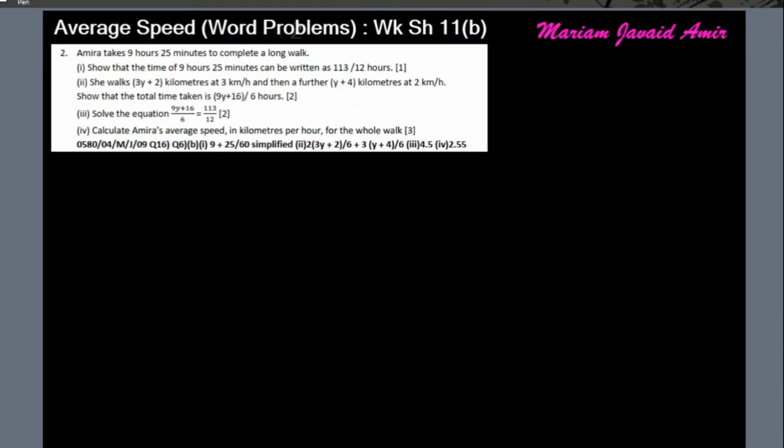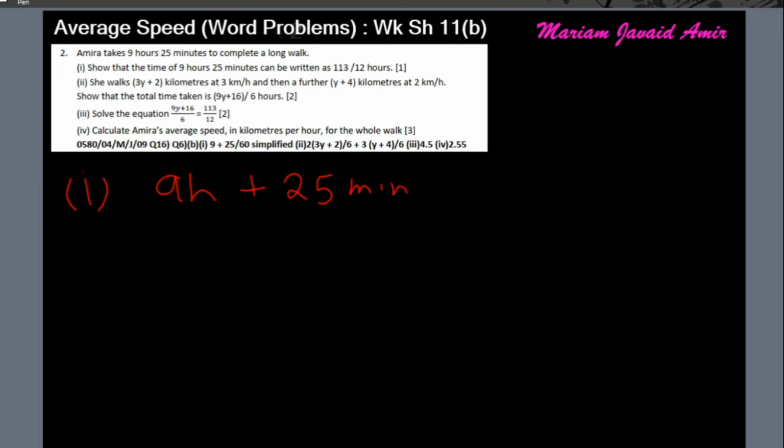Question number 2. Emilia takes 9 hours and 25 minutes to complete a long walk. Part 1, show that 9 hours 25 minutes can be written as 113 over 12 hours. So for this we simply take 9 hours plus 25 minutes.